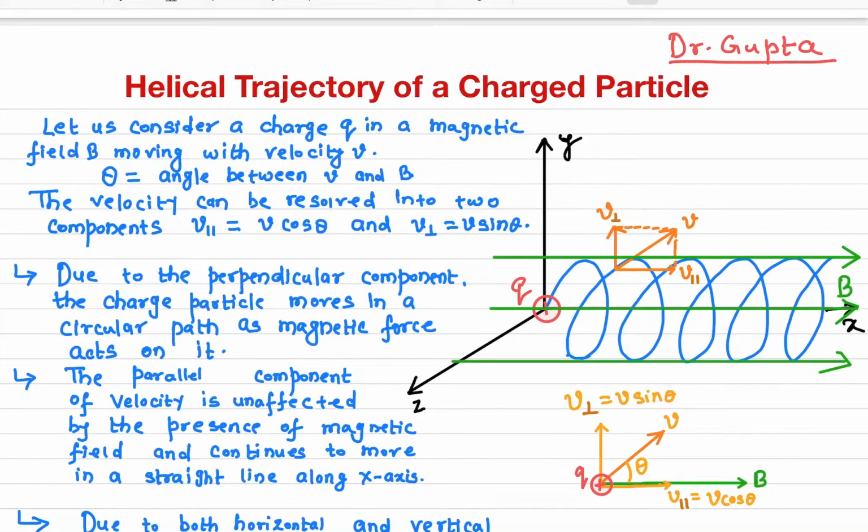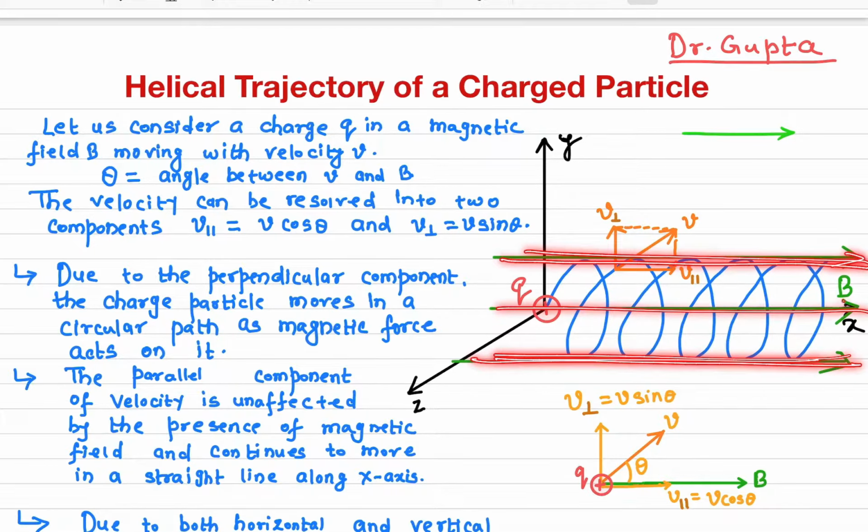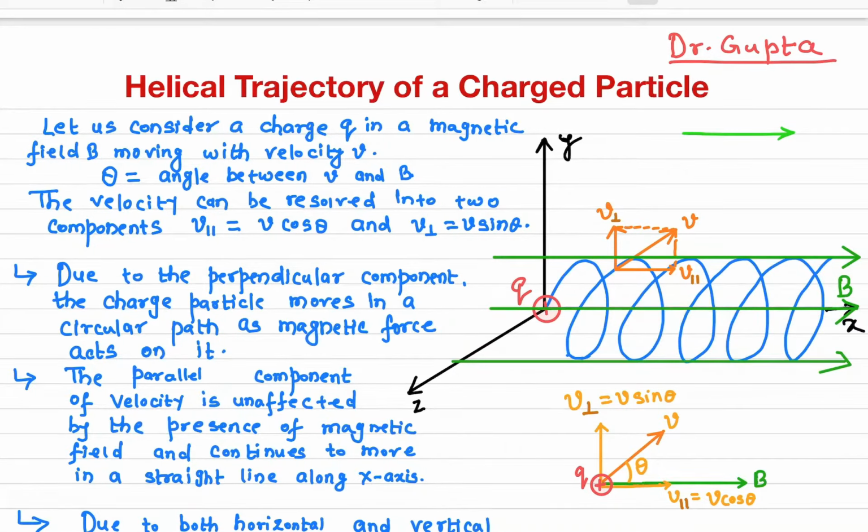Let's say this is the magnetic field direction. The magnetic field is pointed along the x-axis.